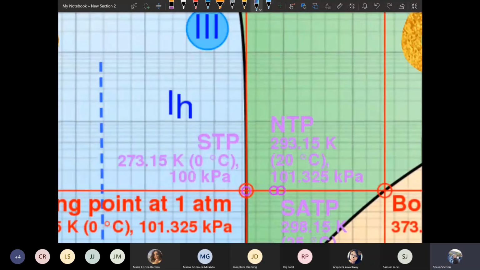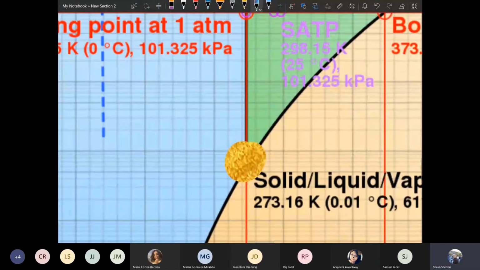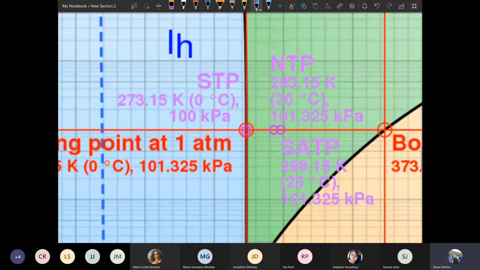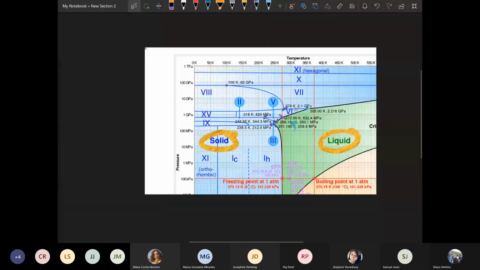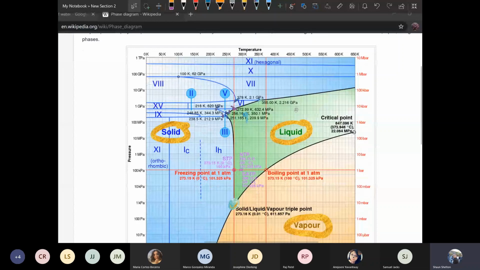So in this phase diagram, you have one main triple point. You have, let's see here, 2, 3, 4, 5, 6, 7, 8, 9. So on this particular phase diagram, we have 9 triple points for the phase diagram of water.